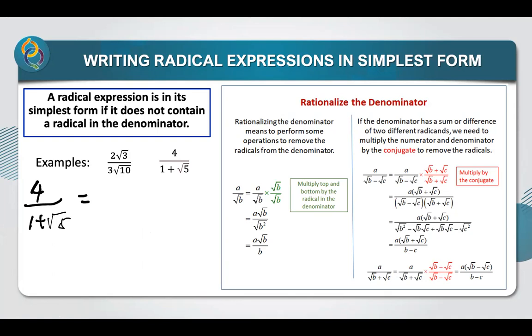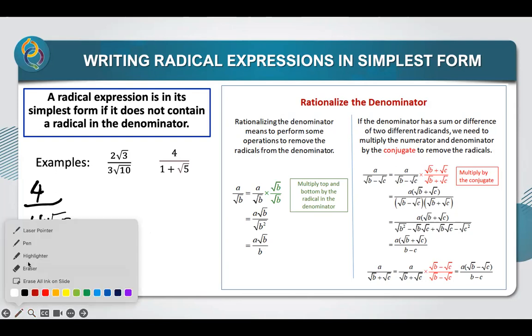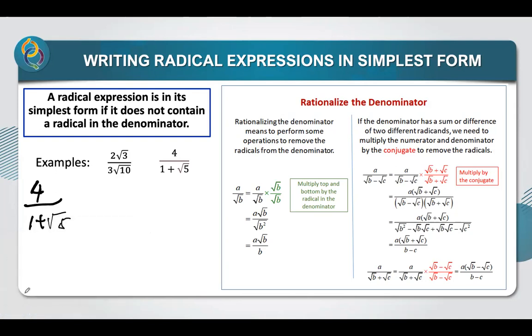According to the rule, we will have to multiply by the conjugate. So what will be the conjugate? 1 minus square root of 5. Yes, 1 minus square root of 5 over 1 minus square root of 5, right?